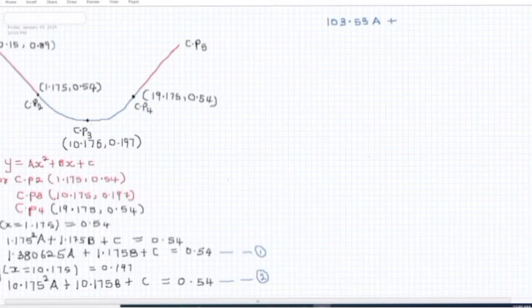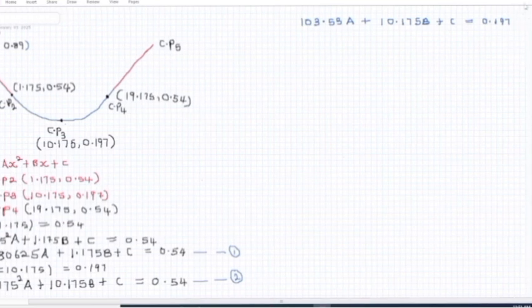Simplifying that expression, we have 103.53a + 10.175b + c = 0.197. I think we need to rearrange it. So that is equation 2.